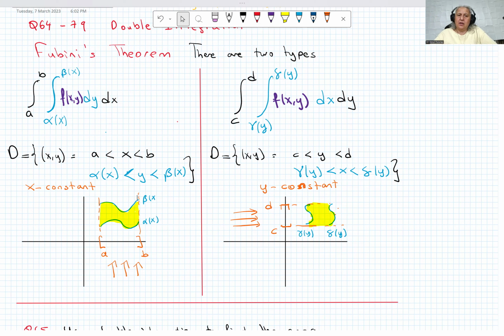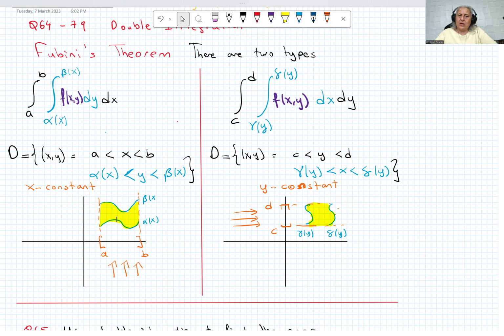So what does it mean? x is a constant. For example, x is equal to a is a constant, the line x is equal to a, the line x is equal to b. These are the constant terms. And in this range, when we look from this direction, the lower bound will be the curve alpha x, and the upper bound will be the curve beta x.